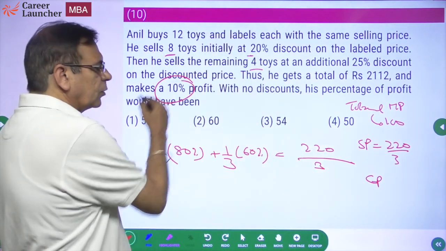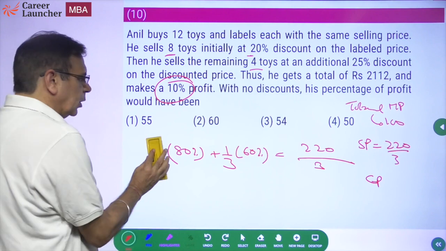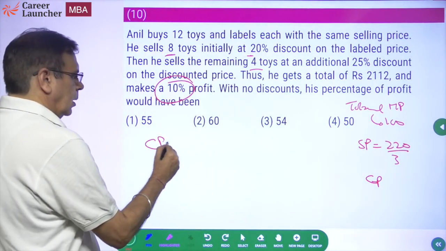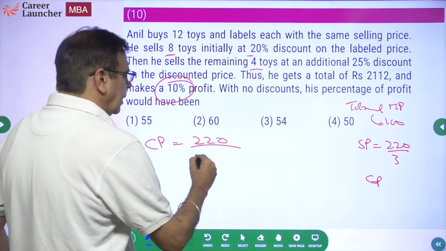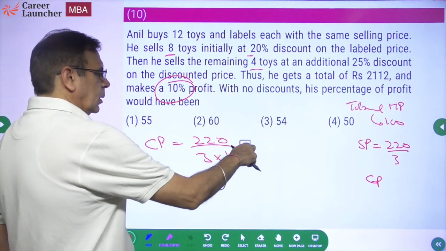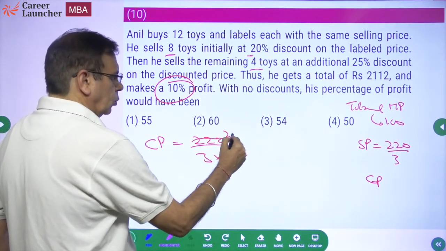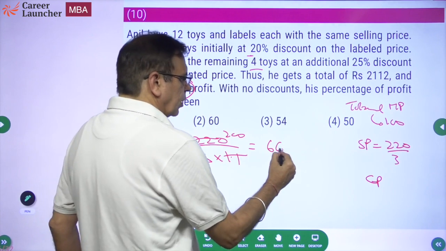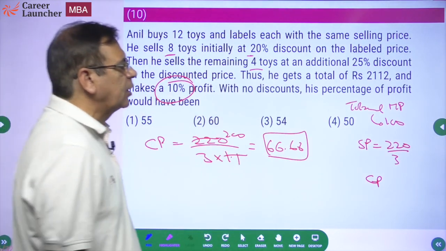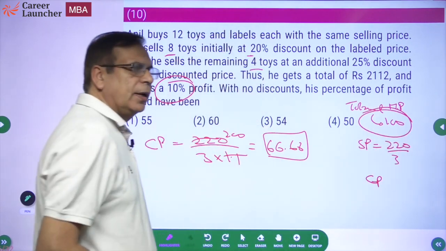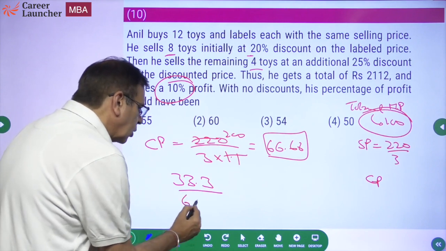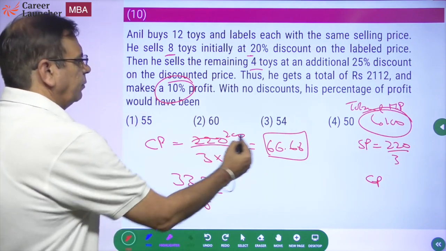There's a 10% profit, so the cost price will be 220 by 3 divided by 1.1, which is 200 by 3, 66.6. His cost price is 66.6. His mark price is 100. What will his profit be? Profit will be 33.3 on a cost of 66.6. It will be 50% profit.